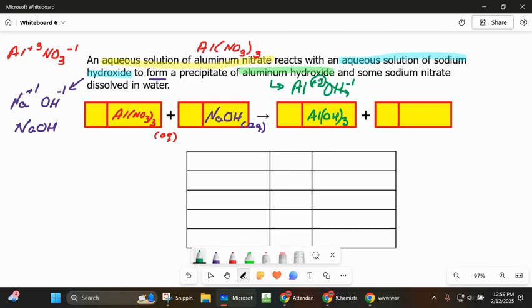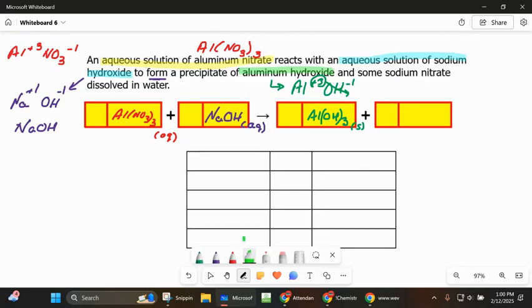Anybody remember what a precipitate actually was, though, the definition of it? A precipitate is a solid that settles out of solution. So therefore, ladies and gentlemen, for the state, we are going to put S, because a precipitate, by definition, is a solid that will settle out of solution. Okay? So we put the S by it.